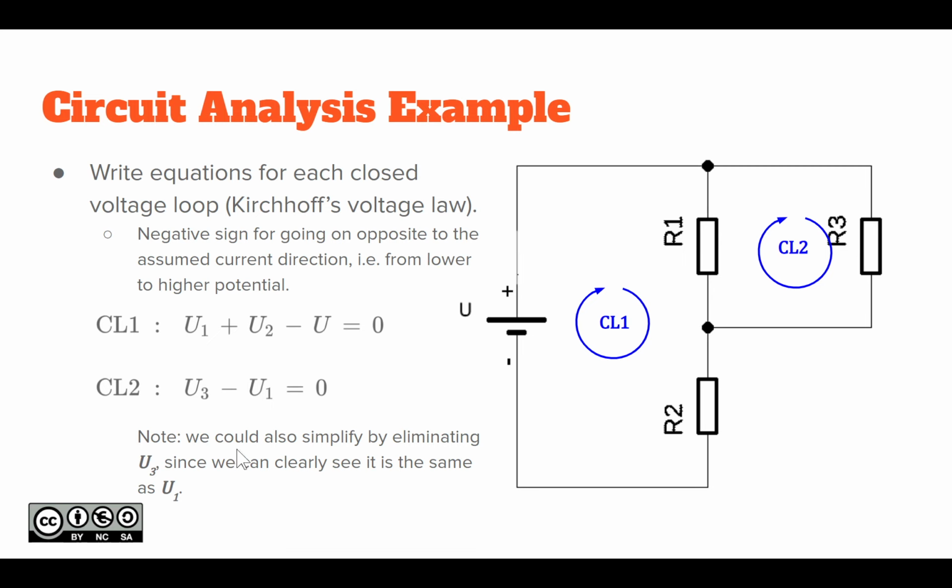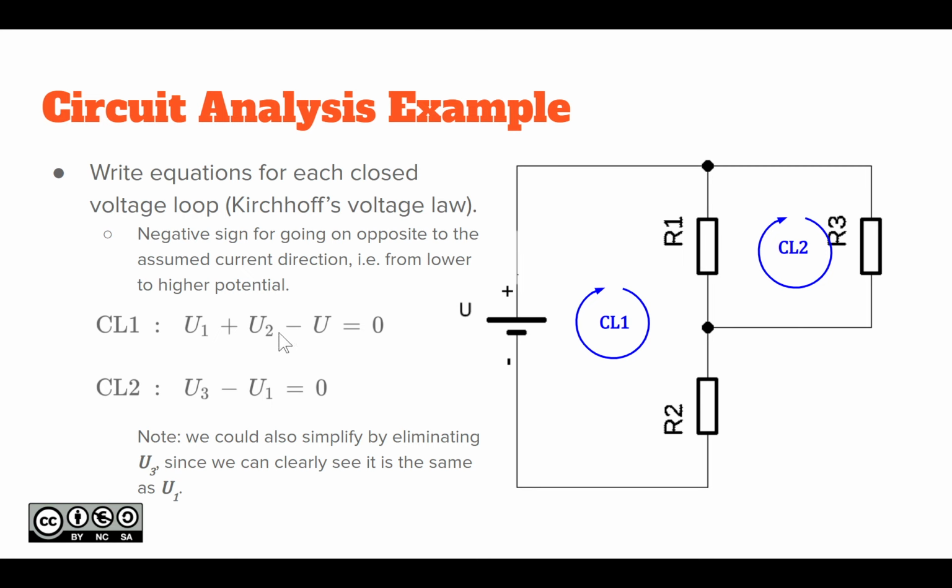But if you go against the assumed or known electric field, then the voltage potential drop is negative.